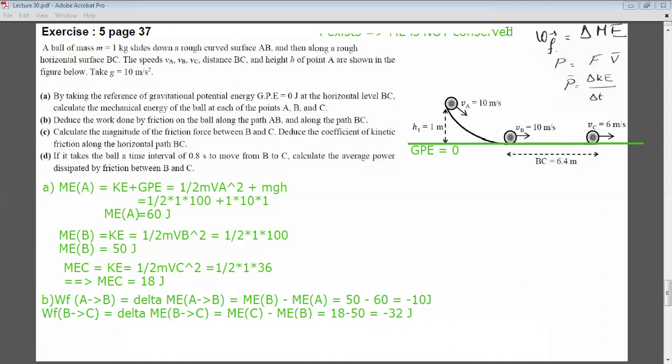So we are applying the formula: work done by friction is delta mechanical energy. This is part B. We are done with it. Part C.